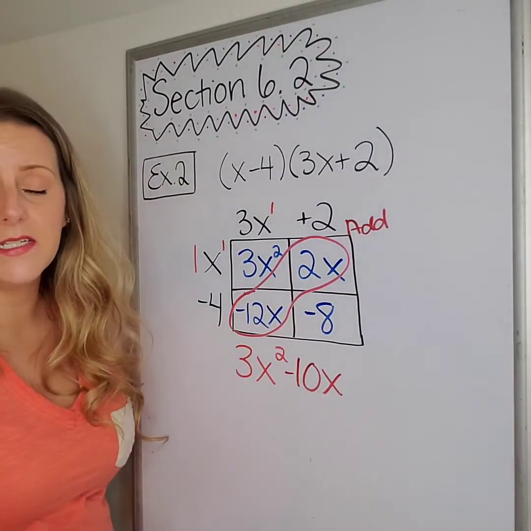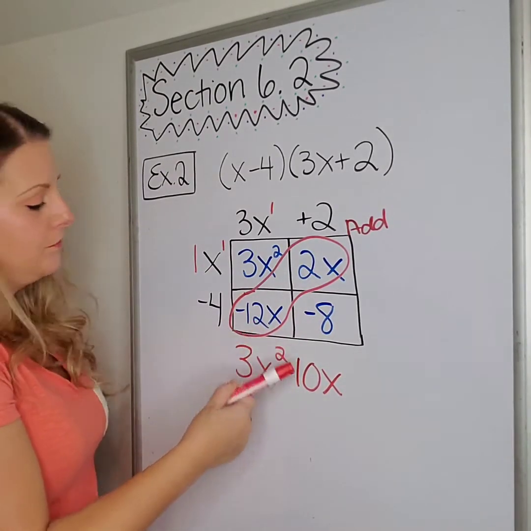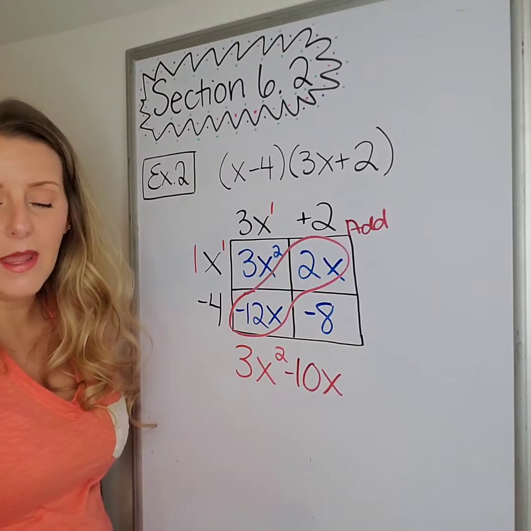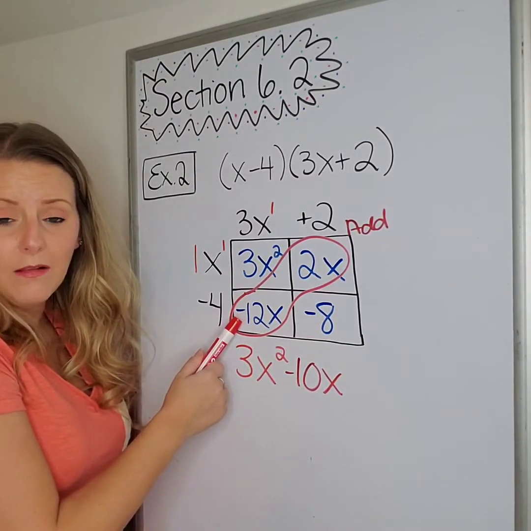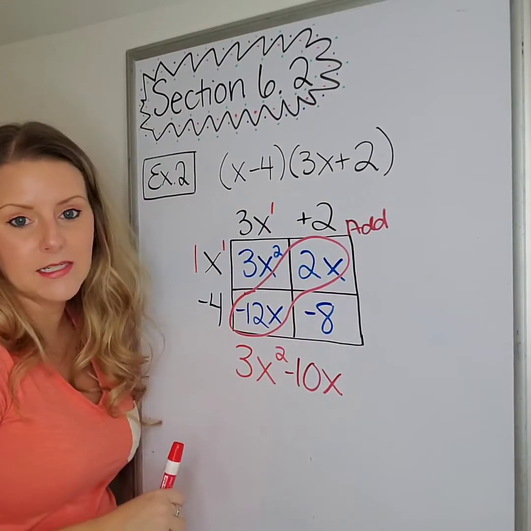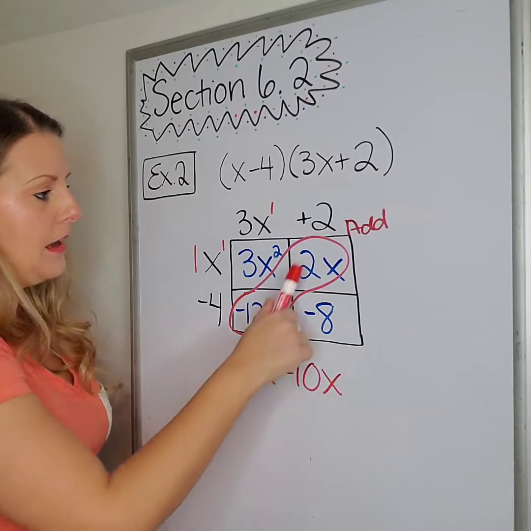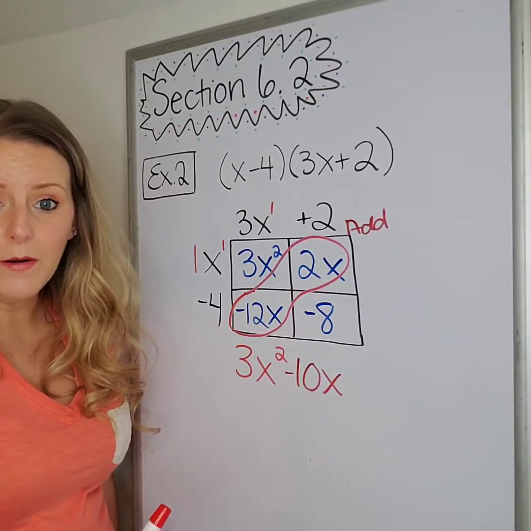X goes with x, and it stays an x. Or you can do it the other way. 2 plus a negative 12. It's still negative 10, okay? It doesn't matter. How I think of it is, I borrow $12, and I only pay back 2, so I still owe 10. I'm negative 10. X goes with x and it stays an x, just like section 6.1.